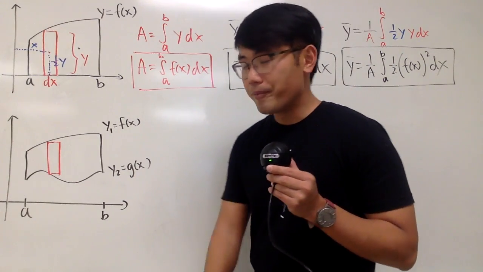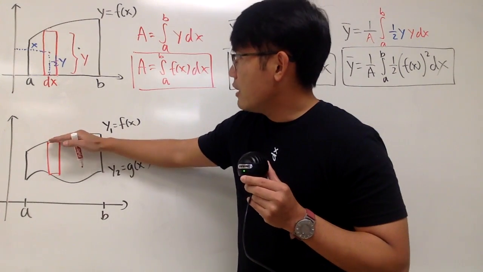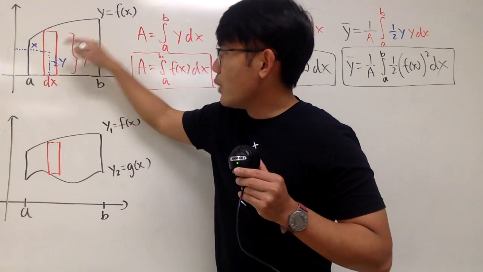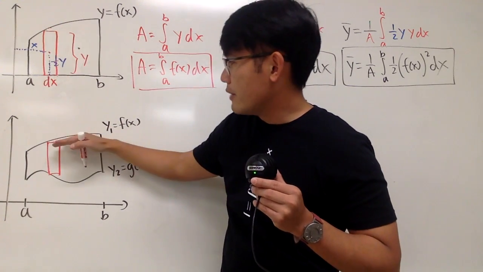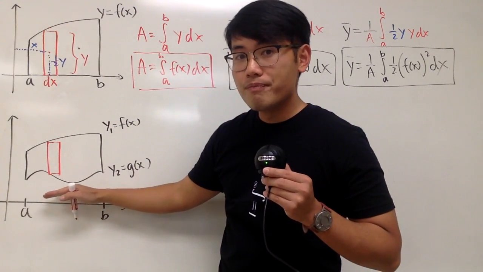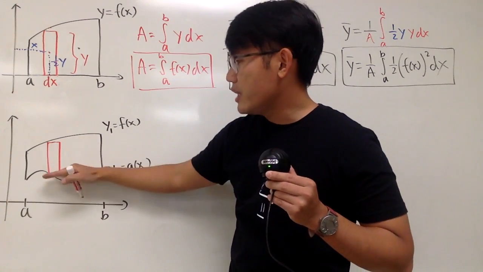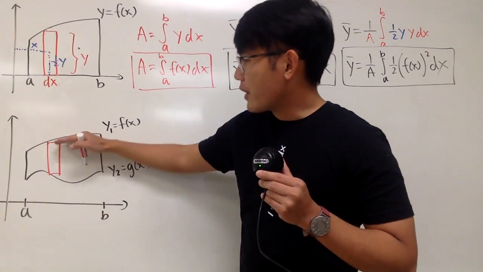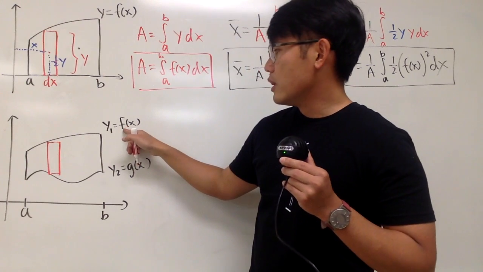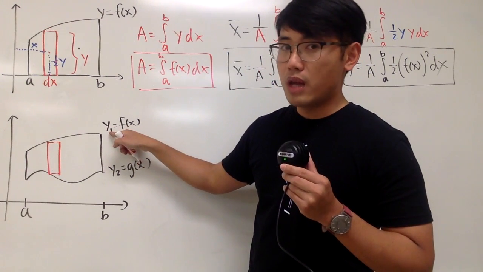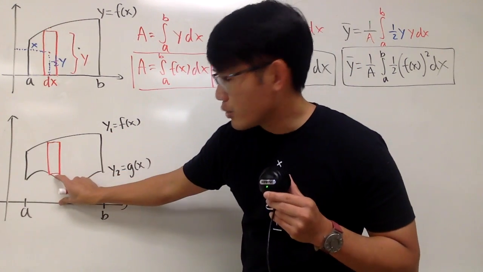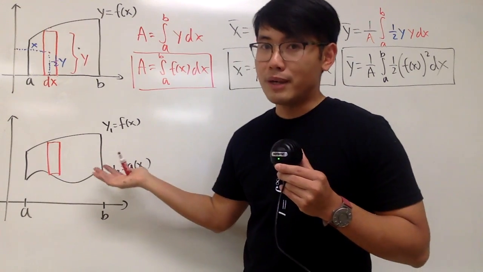Now, here's the deal. Earlier, from here to here was the whole y value. But this time, it's from here to here only. From here to here is actually just the first y value, which is y1. But you have to take away this part. So it's y1 minus y2.